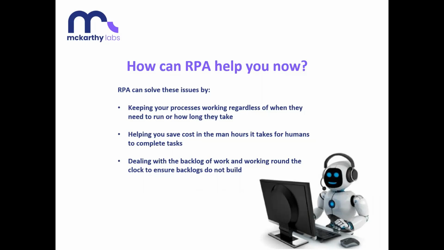So we have one particular customer who processes 14,000 orders a week. And sometimes, especially nowadays with the whole coronavirus pandemic, they have had some backlogs building up. By deploying our bots, which we've now scaled up, they're able to deal with that backlog and stop it from building up. So if you've got any problems you're trying to solve, or decreases in productivity, and you think RPA can help, please do give us a shout.